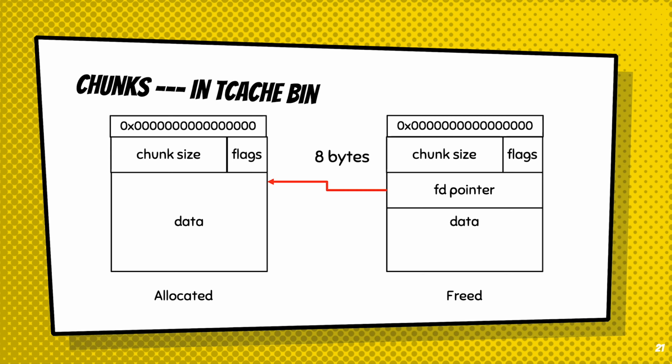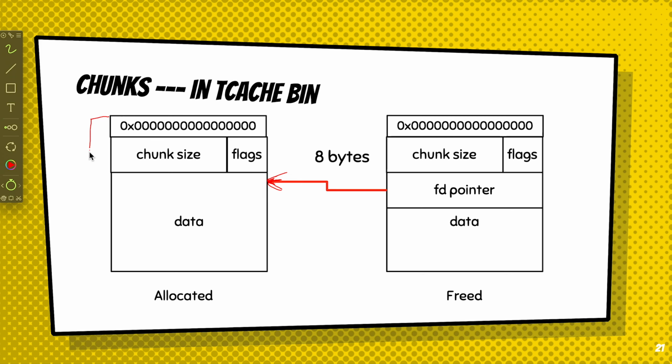Cool. Right now, we know about the allocated chunk. Similarly for a freed chunk, when a chunk is freed, we want to store actual information, which is the forward pointer, meaning the next chunk that this freed chunk points to. Remember that in Tcache, the forward pointer always points to the start of the data part of the other chunk.